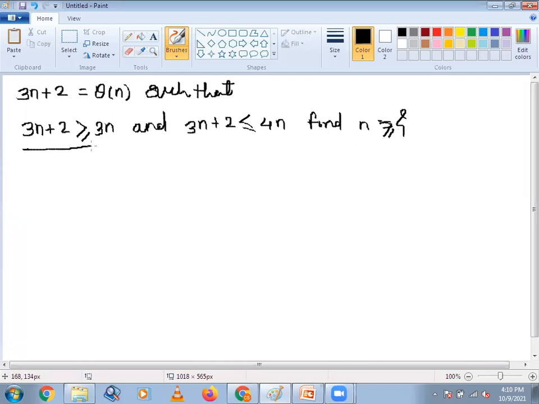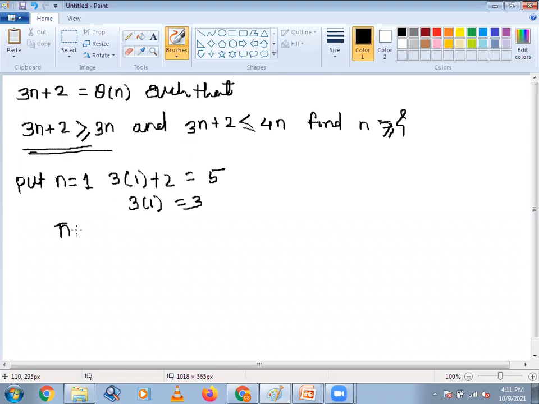So we'll see the first equation. Put n is equal to 1, then 3n plus 2 is 3 into 1 plus 2, which is equal to 5, and 3 into 1 is equal to 3.